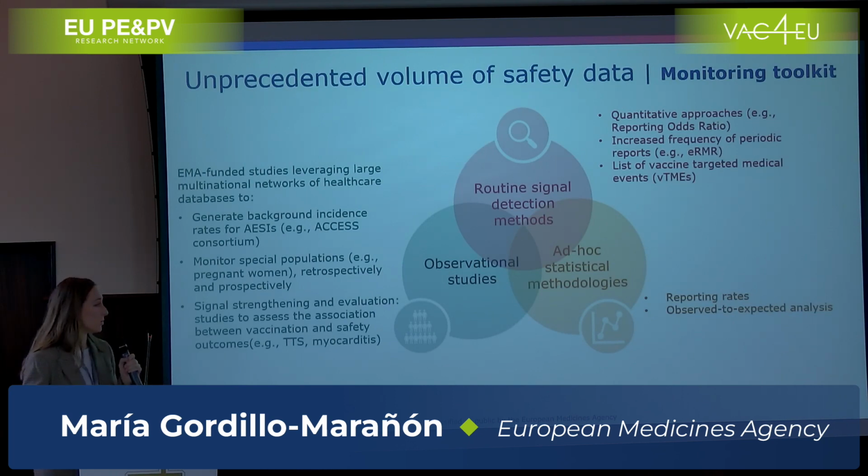We also use the observed to expected analysis to compare the number of observed cases of an event following vaccination and reported to EudraVigilance to the number of cases that would have naturally occurred in the same population without vaccination, the so-called expected cases, which are estimated from background incidence rates. So I'll focus on the next slides, where I go into the observed to expected analysis and how they were instrumental for contextualizing and characterizing some risks related to the COVID-19 vaccines.